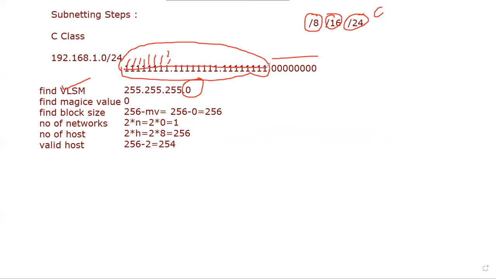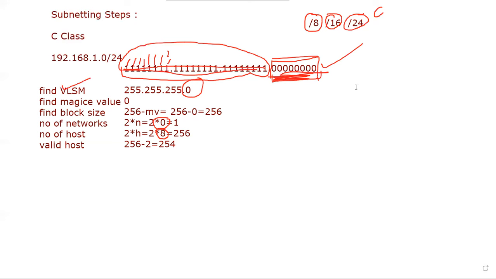We have to check how many bits manually we have on. So we have not turned on any bit in this, because this is the default value. So on bits are 0. 8 zeros are there, so 8 are the host bits. So network bits are not available in the magic value.